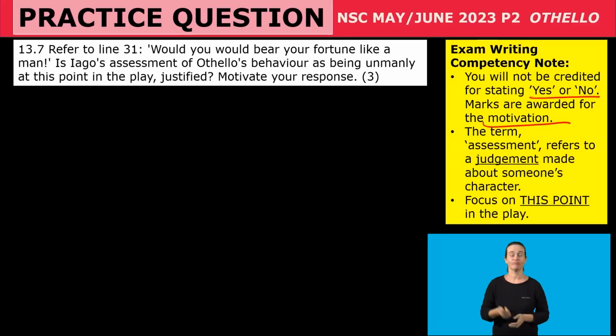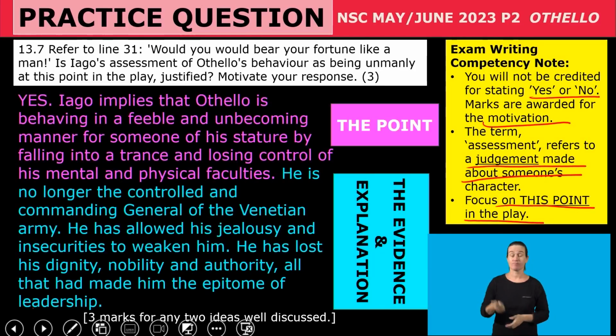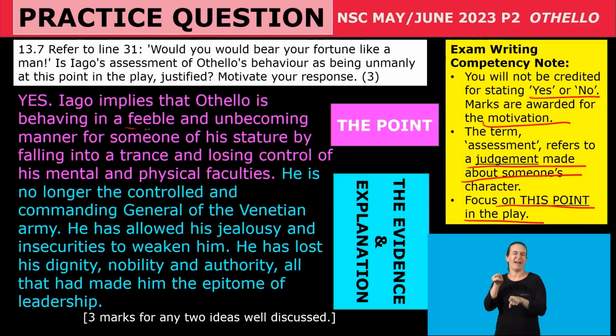The term assessment refers to a judgment made about someone's character. Focus on this point in the play. So, the point. Iago implies that Othello is behaving in a feeble and unbecoming manner for someone of his stature by falling into a trance and losing his control of his mental and physical faculties.